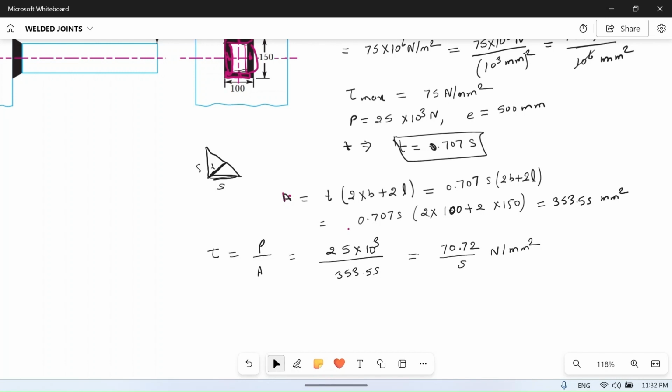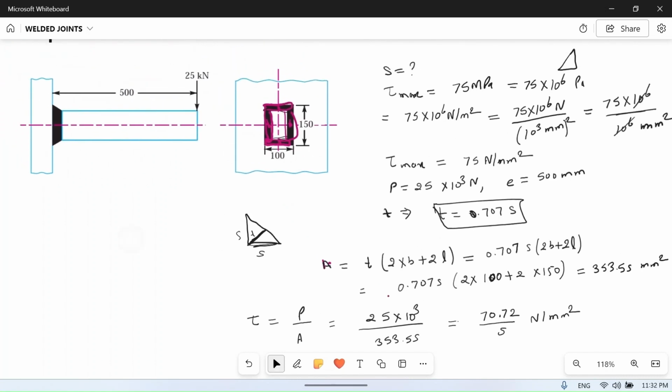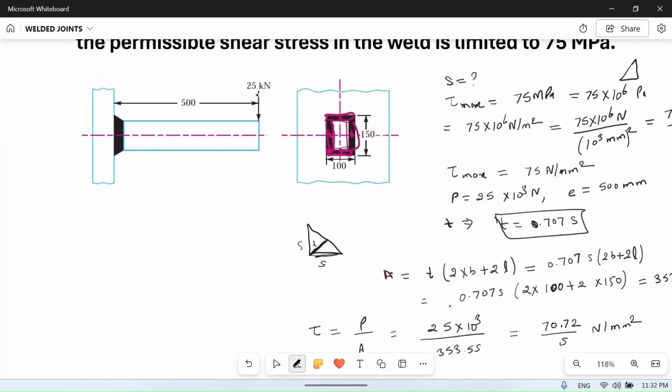Similarly, what is the moment? Bending moment will be P into e, force into distance. So M will be P into e, which is equal to 25 kilonewton into 500 mm, so it will be equal to 12.5 into 10 to the power 6 Newton mm.